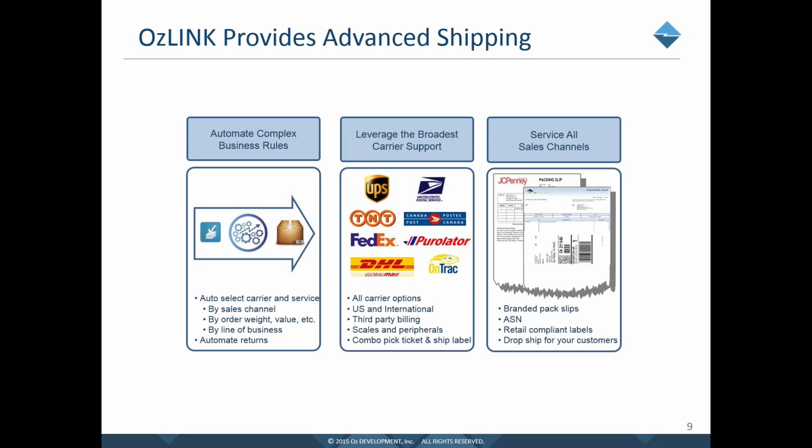A lot of times within shipping, folks will have specific requirements based on vendor relationships or different sales channels they support that ship different ways. Perhaps they select a service based on the weight of the shipment, something to that effect. And we leverage the broadest carrier support with regard to the carriers we have integration capabilities with. You see here, all the major U.S.